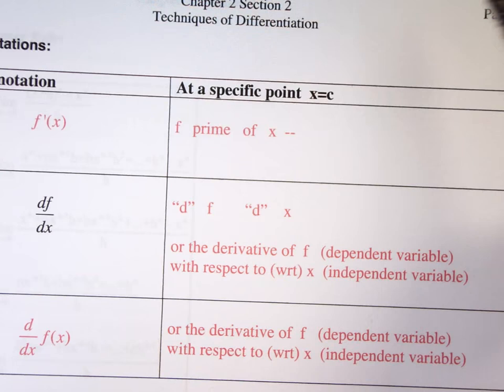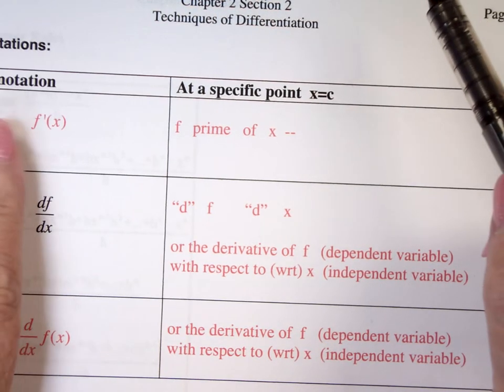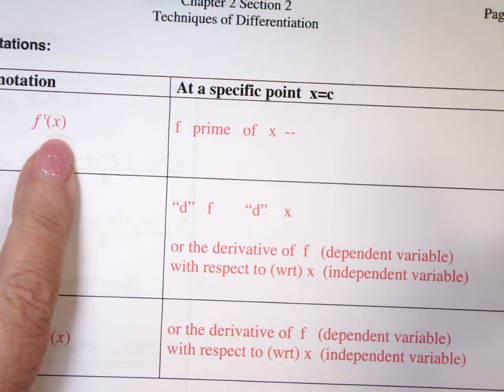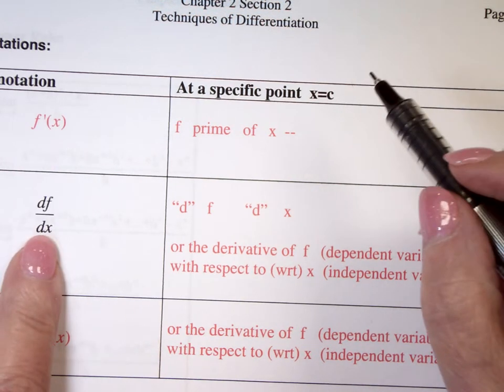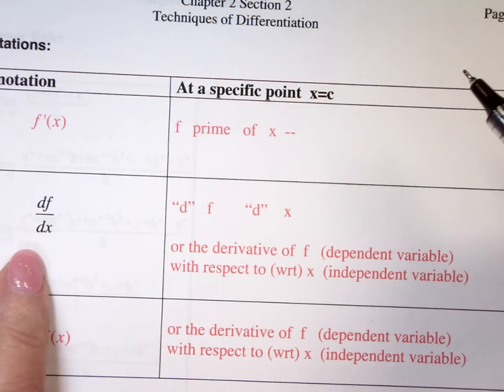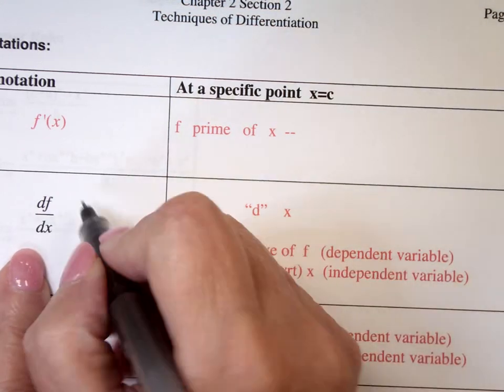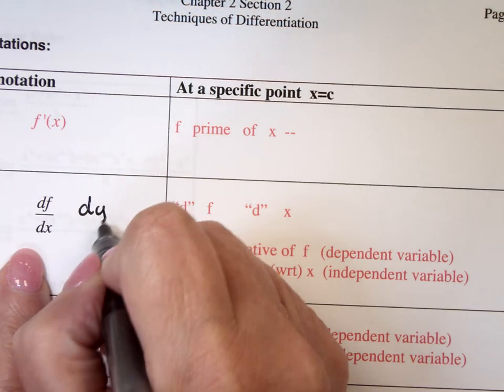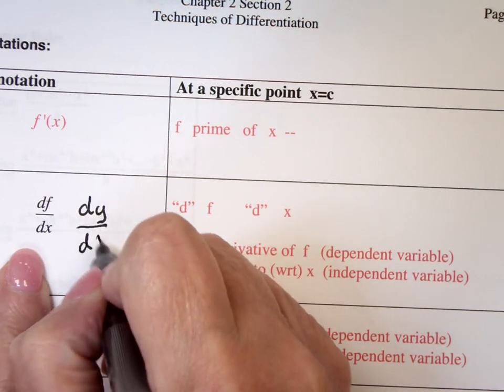Techniques of differentiation. General notation for derivatives is f prime of x. We've seen that. This is df dx, or the derivative of f with respect to x. Sometimes we also say dy dx.